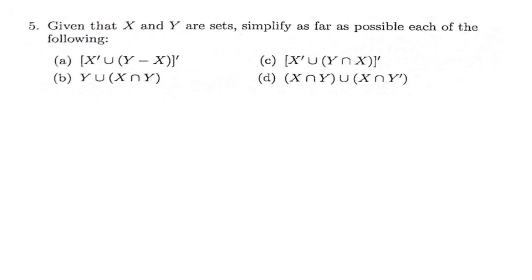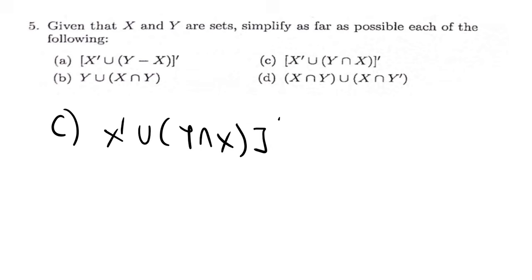Then we come to c. So we've got x complement union y intersection x, then we have a complement outside. Is this the same law? This is rather a bit different, so here we have to be very, very careful.